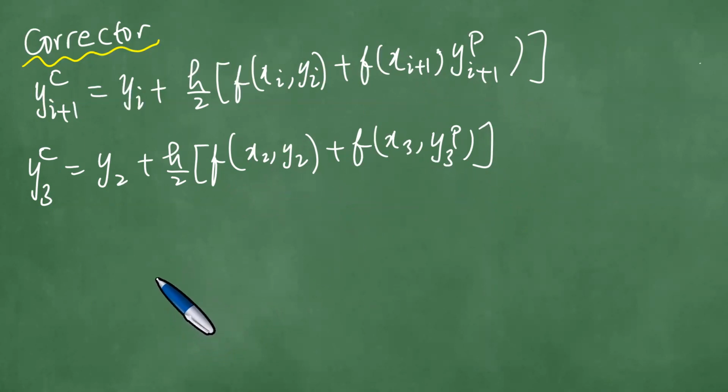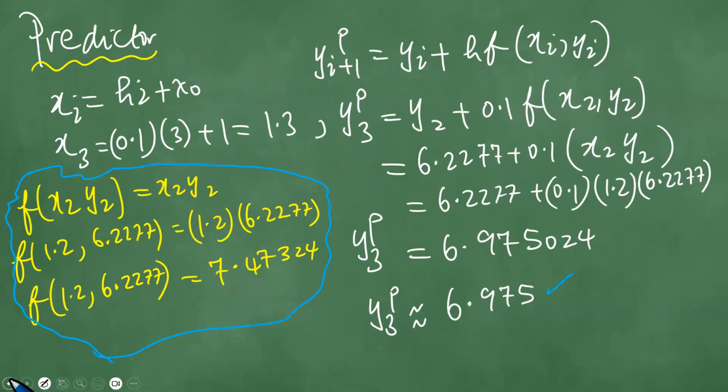Now, what do we need? We need to gather everything here, and we need to look at what is missing and what's not. Do we have x3, y3 for the predictor? Yes. But did we multiply them? No, we did not multiply them, so we need to multiply them now.